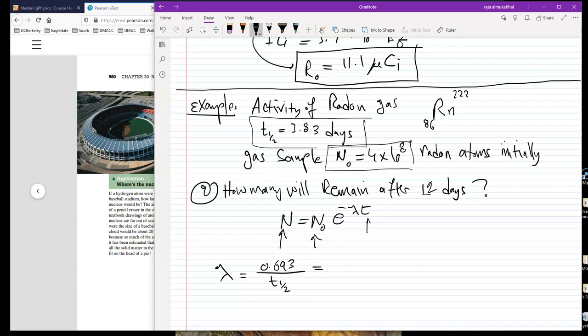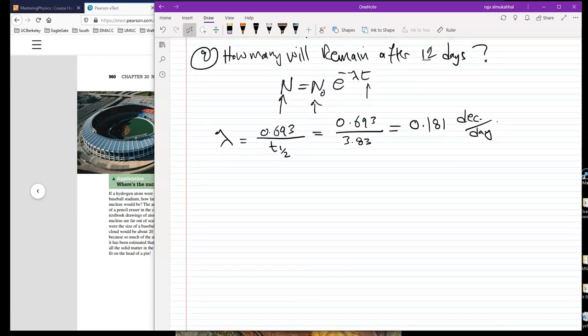So it becomes 0.693 divided by the half-life in days, 3.83, and when I do that, it is equal to 0.181 decays, not per second, but per day, because I am using days here.